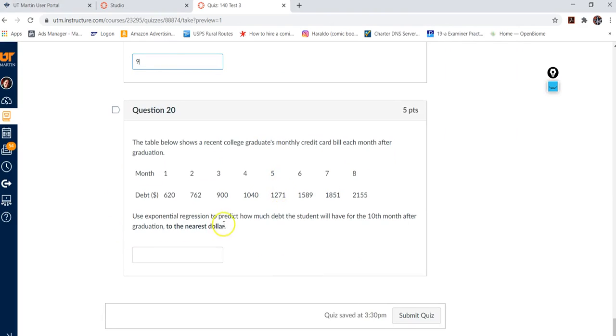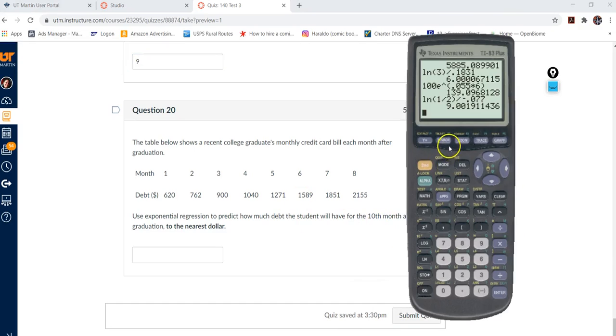Okay, and the last one before, use exponential regression to predict how much debt the student will have for the 10th month after the graduation. Okay, so I have to clear out 2 lists, list 1 and list 2, and press enter. In my first list, I have 1, 2, 3, 4, 5, 6, 7, 8.